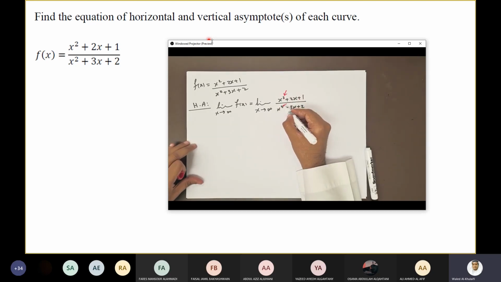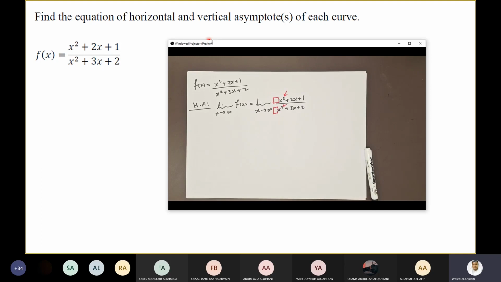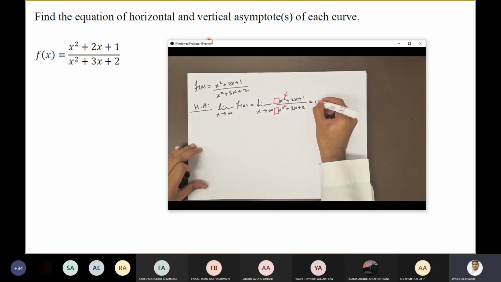So I have x squared here, and x squared here. When the degree of the polynomial in the numerator is equal to the degree of the polynomial in the denominator, which is the case here, then the limit will be the coefficient of this over the coefficient of that, the coefficient of the leading term. So this will be equal to 1 over 1. So here you have 1.